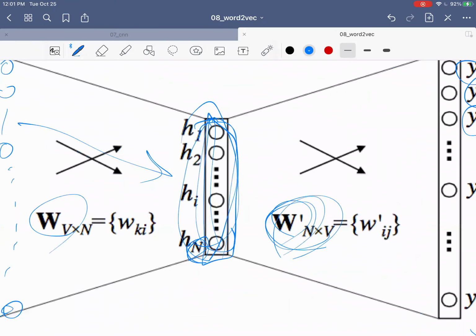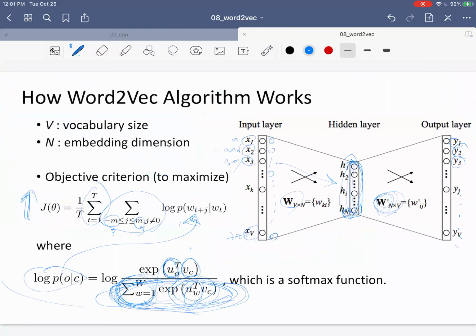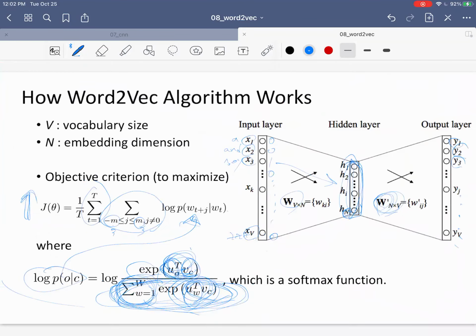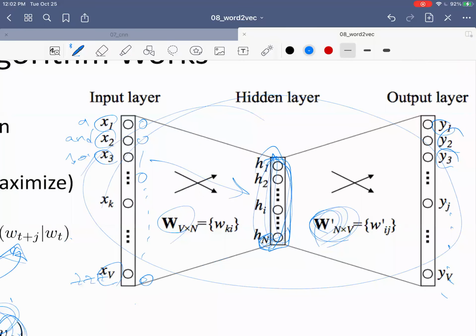This is W prime for your neighboring words, and you want to have a certain inner product maximization between the two, because you can see here inside the exponentiation, there's an inner product between neighboring words and an inner product between non-neighboring words. For the neighboring words, you want to maximize your inner product. For the non-neighboring words, you want to minimize the inner product. So that's why it is depicted like an autoencoder setting, but it's not exactly an autoencoder though. So hopefully that makes sense for you.